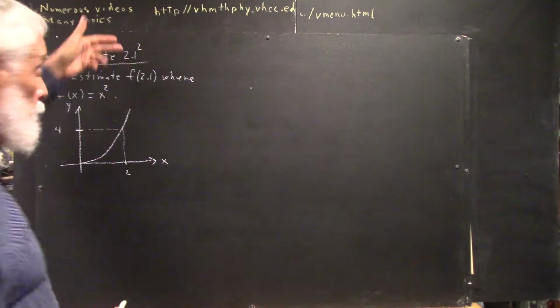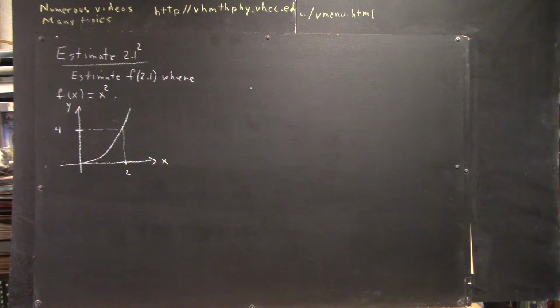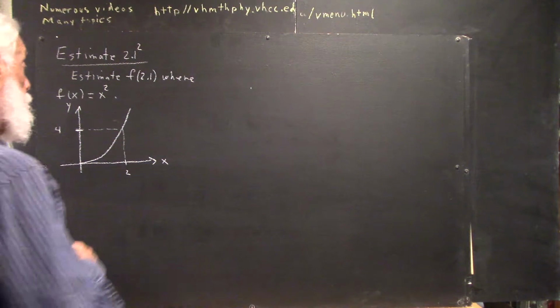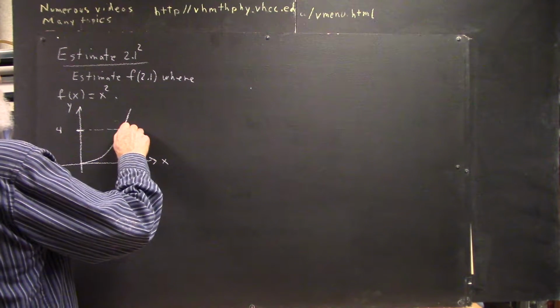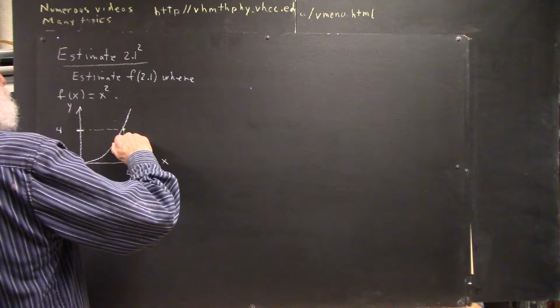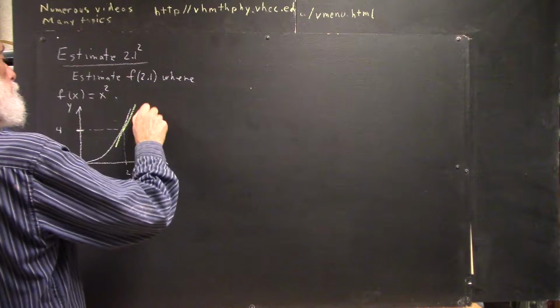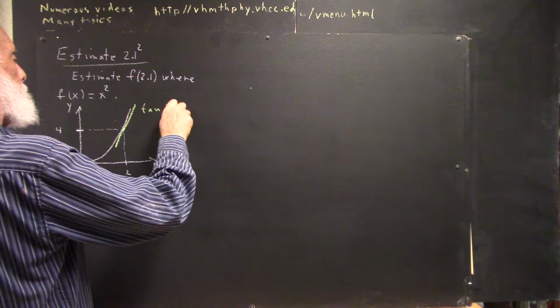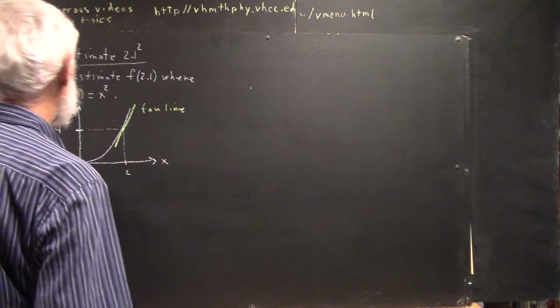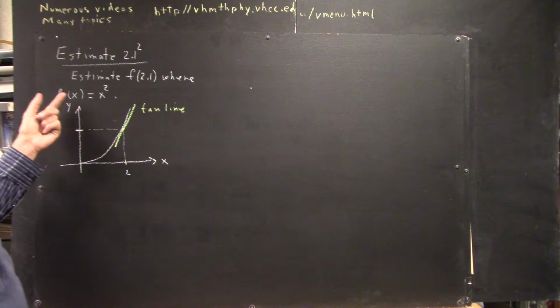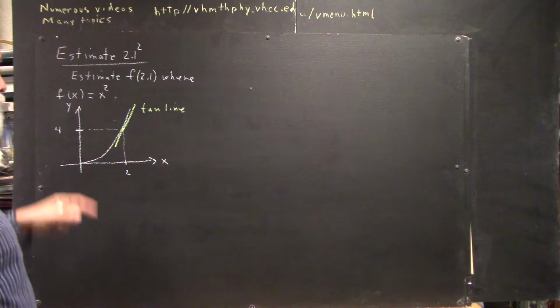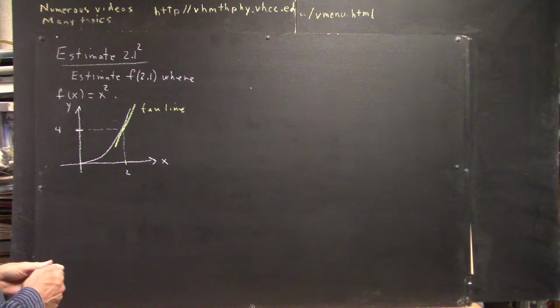Now, to estimate 2.1 squared, all we're going to do is a tangent line approximation to f of x equals x squared at the point 2,4.